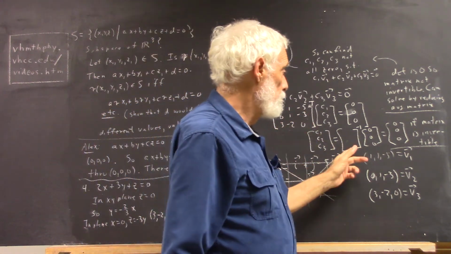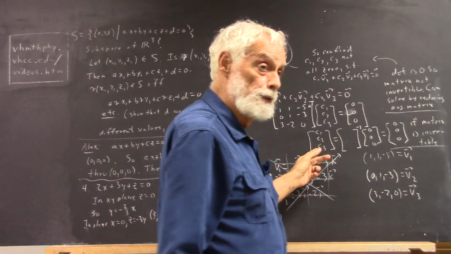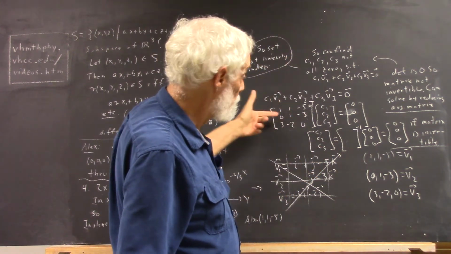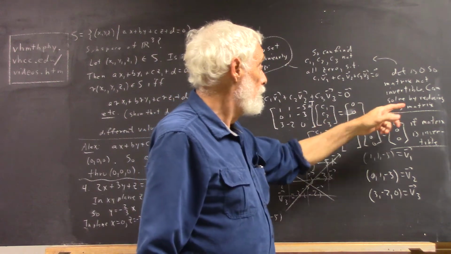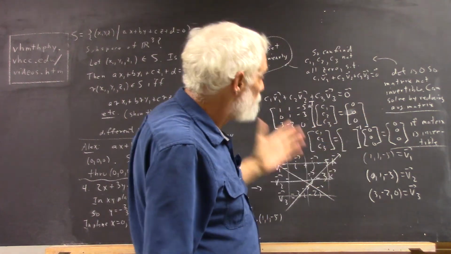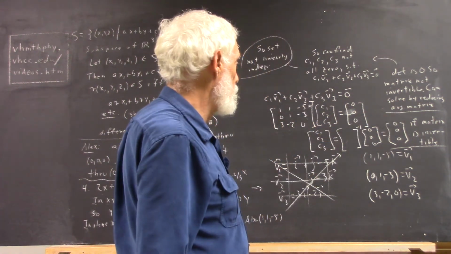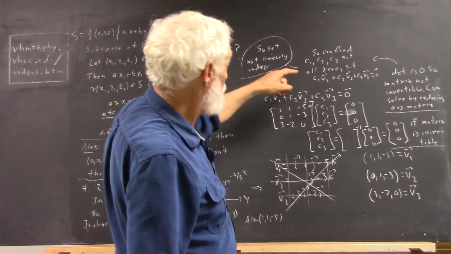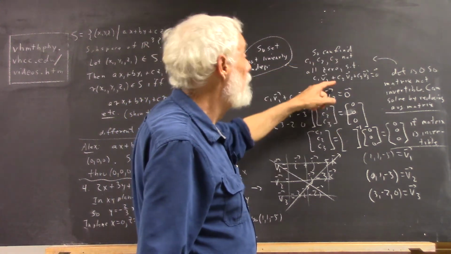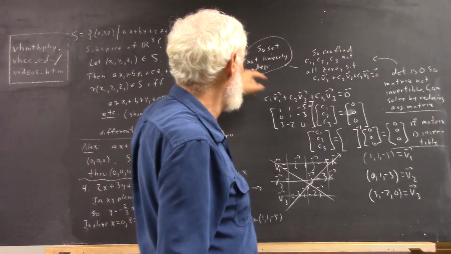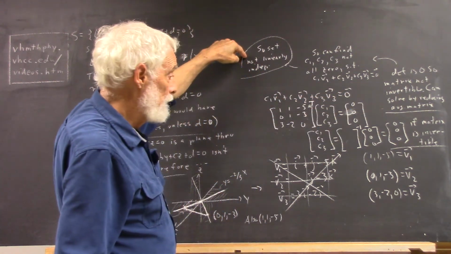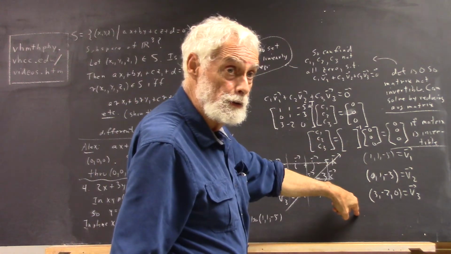If the matrix is invertible, then all the C's are 0, but the matrix isn't invertible because its determinant is 0. So we can solve this matrix equation by reducing an augmented matrix. That means we can find C1, C2, C3, not all 0, such that this linear combination is 0, so that this set of vectors is not linearly independent.